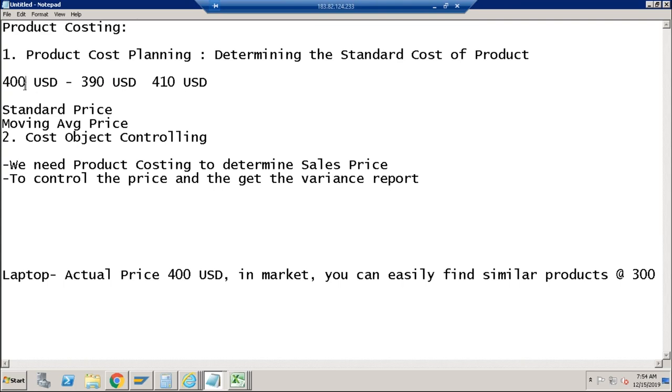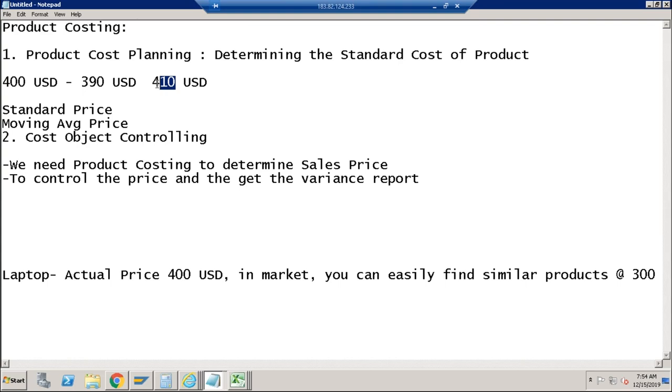If you don't have this cost, whenever you are manufacturing, whether it is 390 or 410, because you don't have any standard available, you will not be able to know whether it is favorable or unfavorable. You will not be able to know if there is any variance that you need to control, or whether it is okay to manufacture the product at 410. You will never be able to compare with the standard if you don't have the standard price.